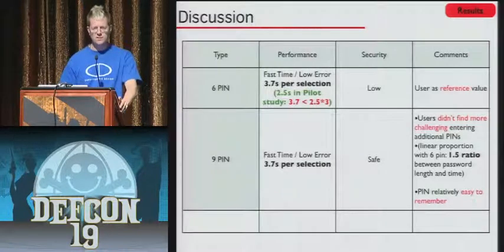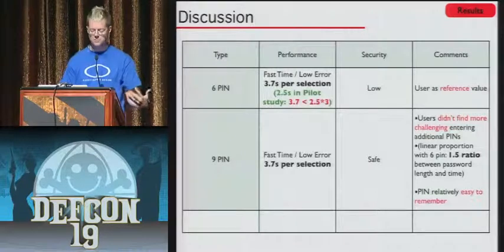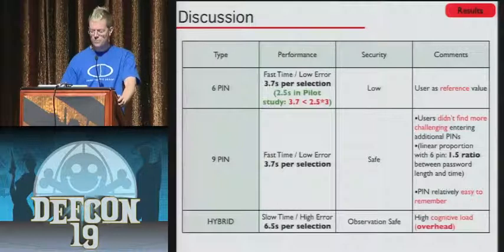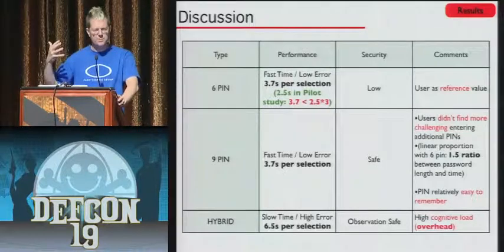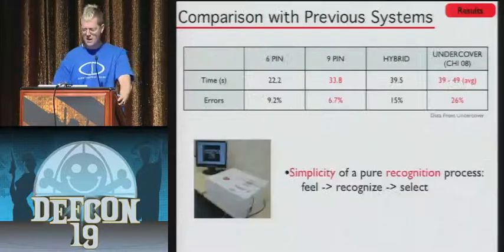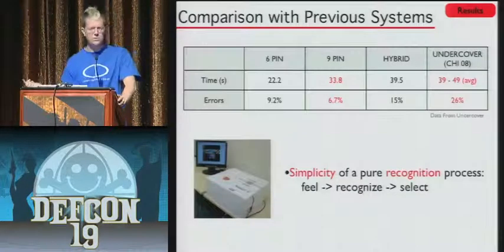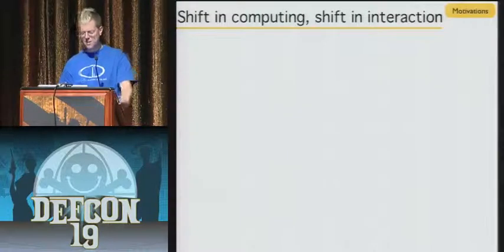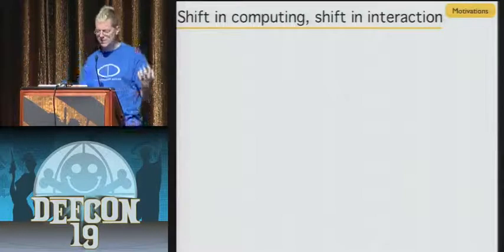Remembering a 9-digit tactile pin was easy enough to remember and didn't provide significantly more error, whereas the hybrid mode, there's a lot to think about. There was a higher overhead and it did take longer. And that was compared with a different haptic password entry method that I mentioned earlier, and it performed better. So that's a method that can be used when you have a physical keypad.